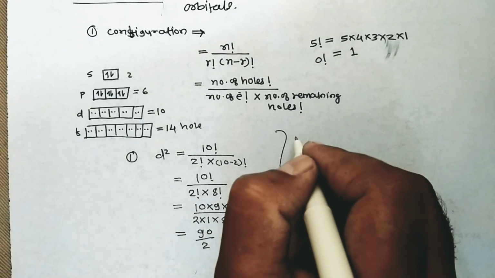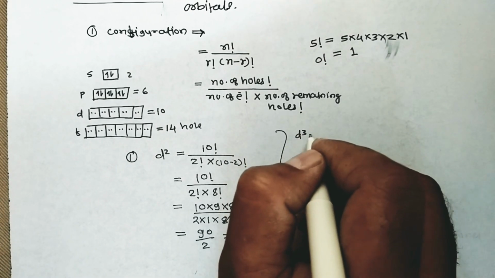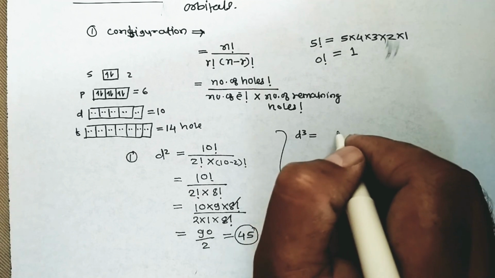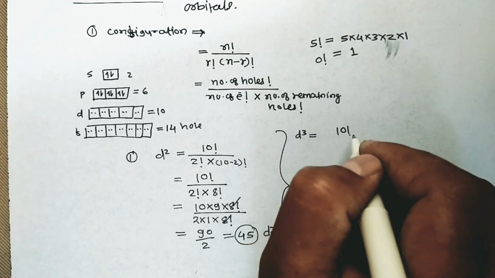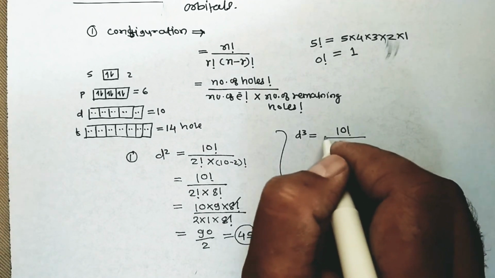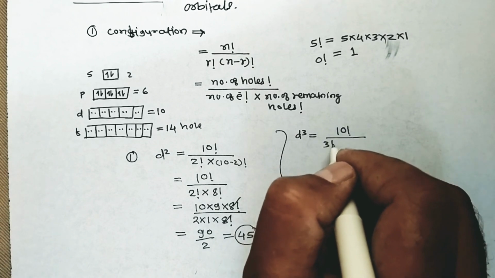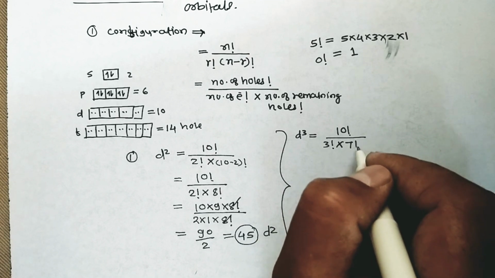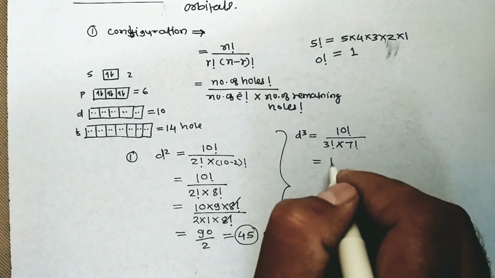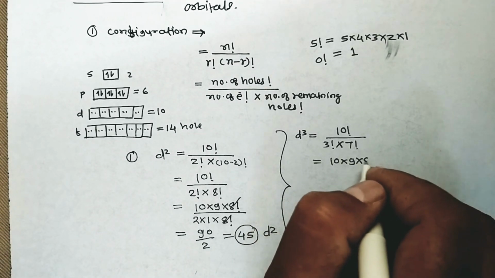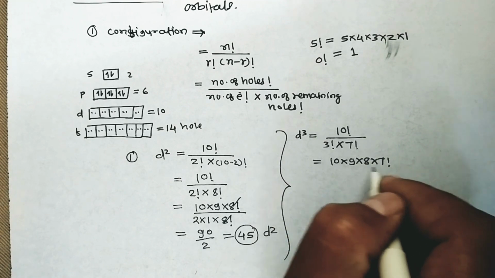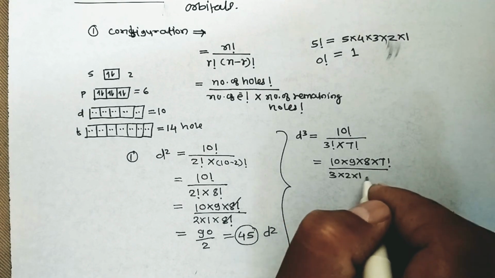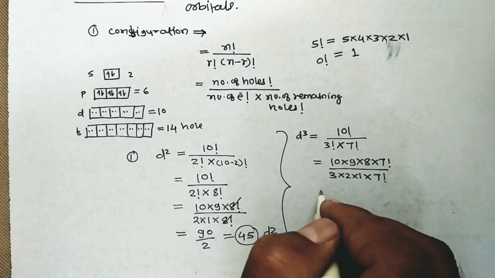Similarly for d3 configuration you can calculate. For d3 configuration we use the same formula, 10 factorial, that is the number of holes, divided by the number of electrons, 3 factorial, into the number of remaining holes, (10 minus 3) factorial, 7 factorial. So 10 into 9 into 8 into 7 factorial upon 3 into 2 into 1 into 7 factorial.